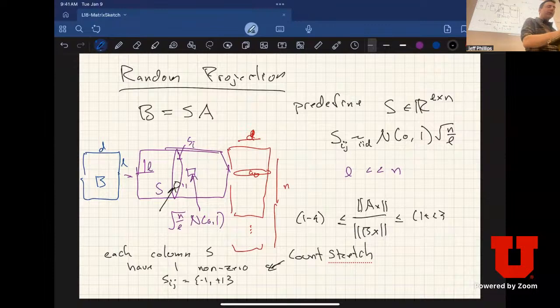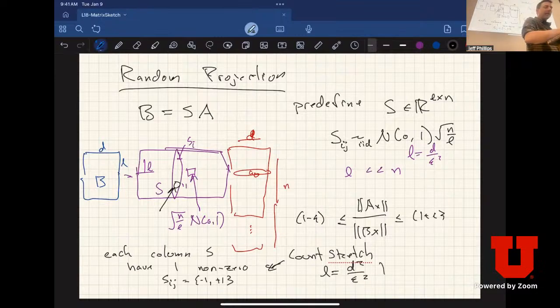So I can still get this bound with the random projection. With this bound, I can set L equal to D over epsilon squared. With the count sketch, I need D squared over epsilon squared, but I'm going to maintain the sparsity.